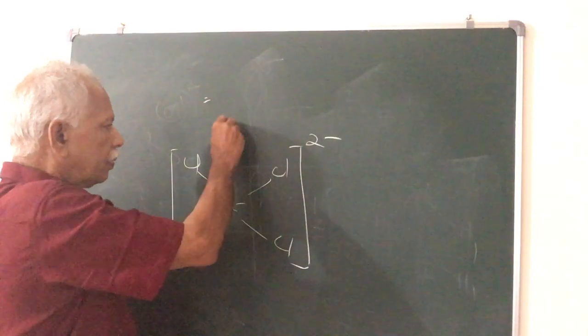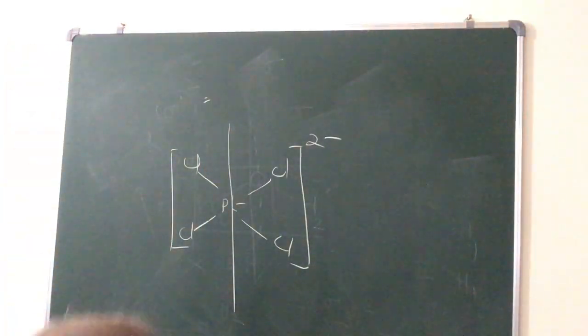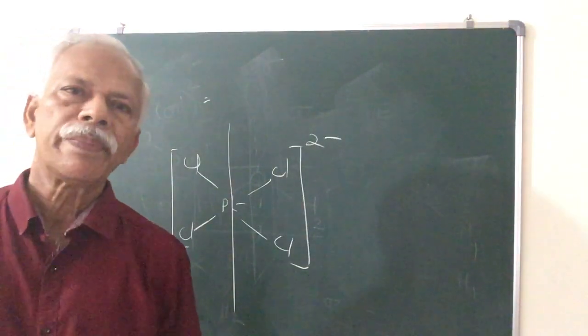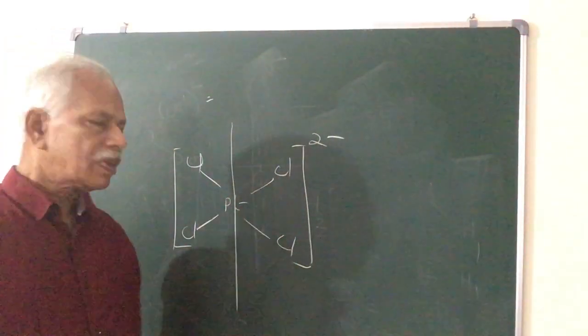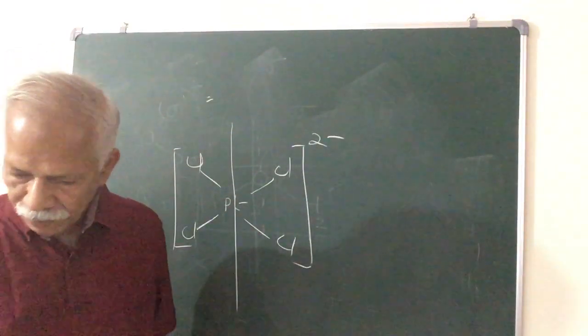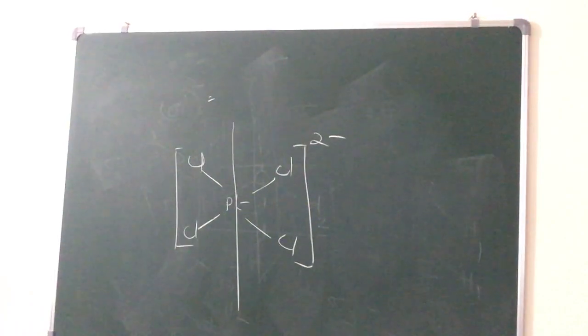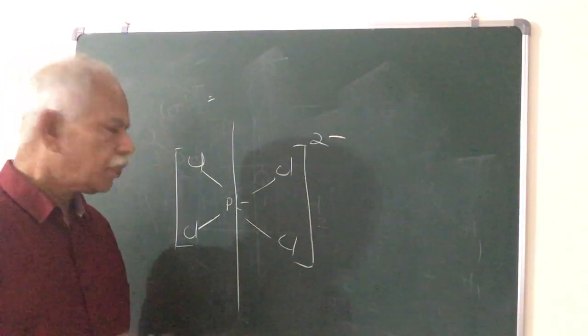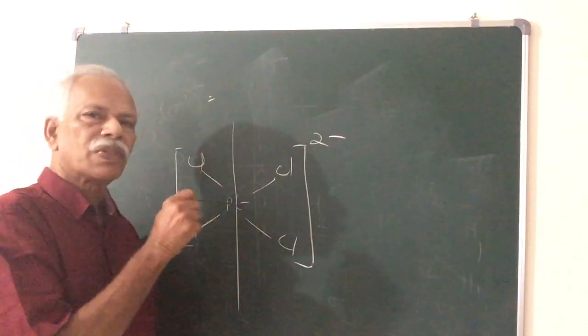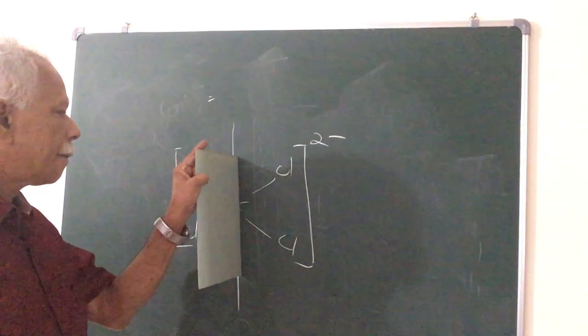Here, this is a plane of symmetry. Actually, when you draw the molecule with its C4 axis at 90 degrees to the plane of the board, like this, the planes can only be denoted in this manner.